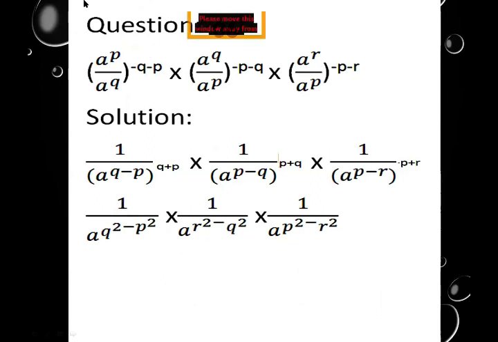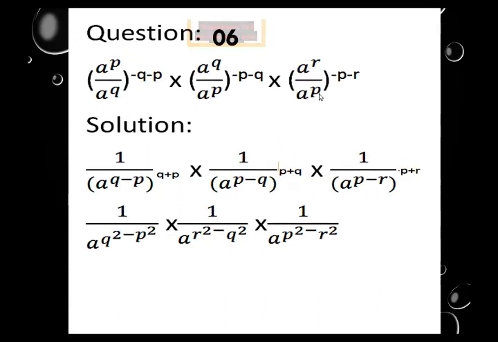So the first one is a to the power p over a to the power q, the whole power minus q minus p, multiply by a to the power q upon a to the power p, the whole power minus p minus q, multiply by a to the power r over a to the power p minus r.